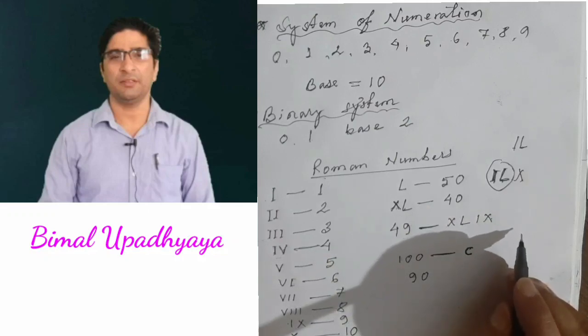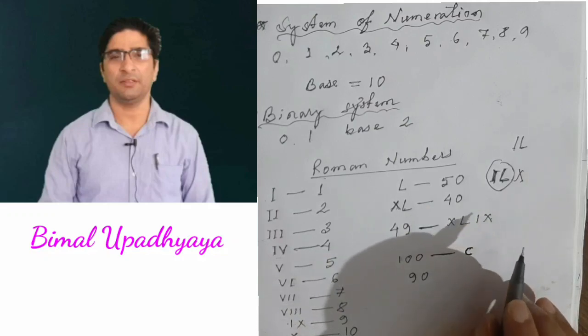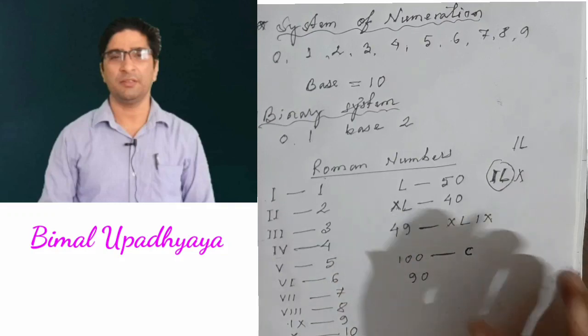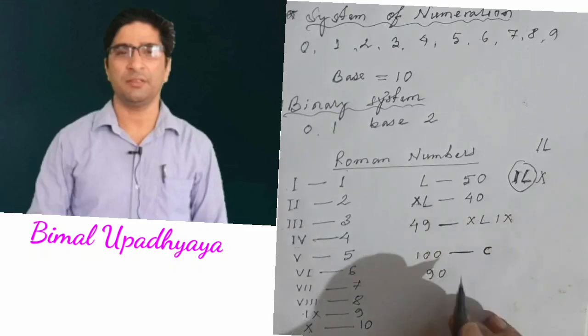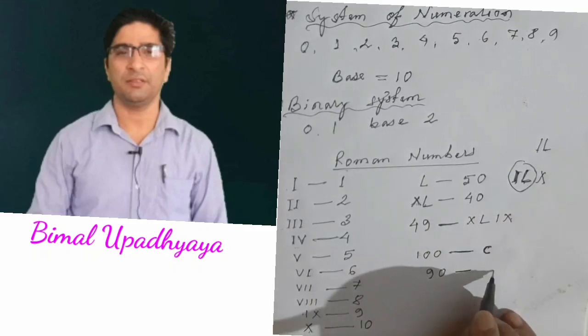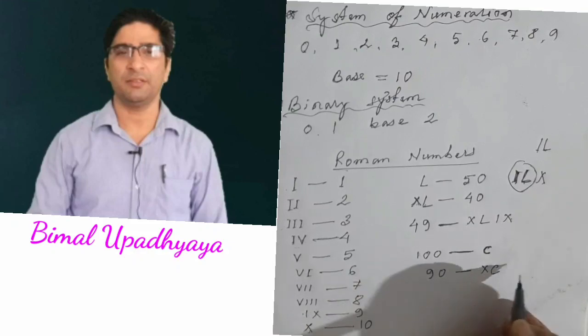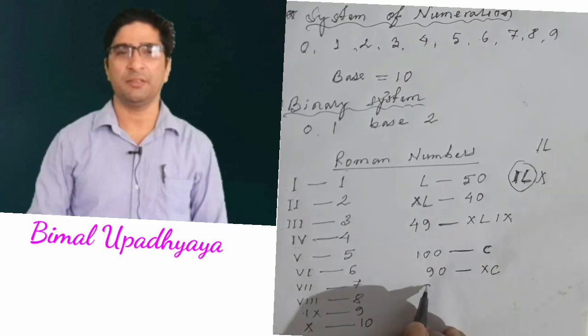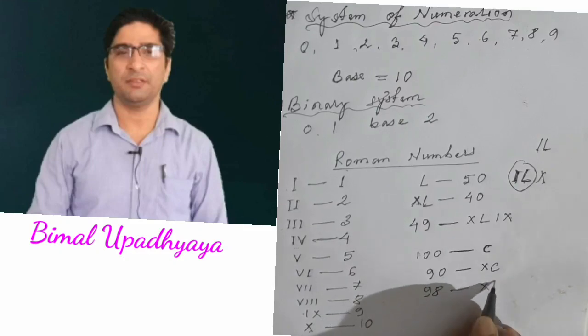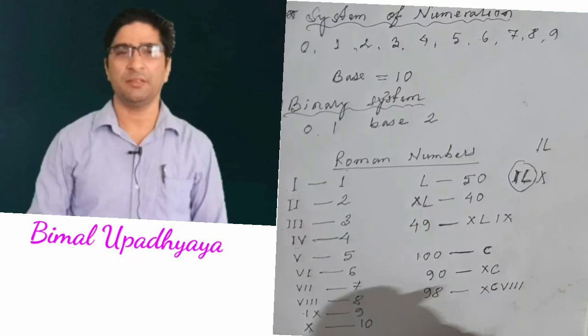I cannot write IC, because we must put a 2 digit number to the left of C also. So 90 is 100 minus 10, which is XC. XC is 90. If I write 98, then 98 is 90, that is XC, and then 8. So you can write 98 in this way.